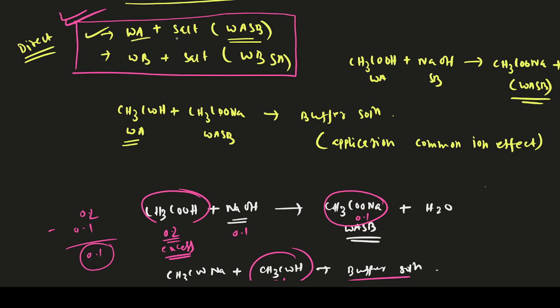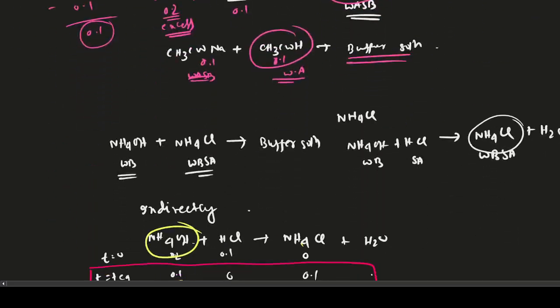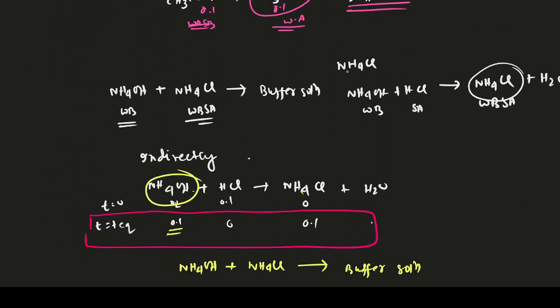So a weak acid and its salt, which is weak acid strong base, and a weak base and its salt, which is weak base strong acid. If this is present, then we can prepare the buffer solutions. And in the indirect way, instead of salt they may give acids, then also we can prepare the buffer solutions.